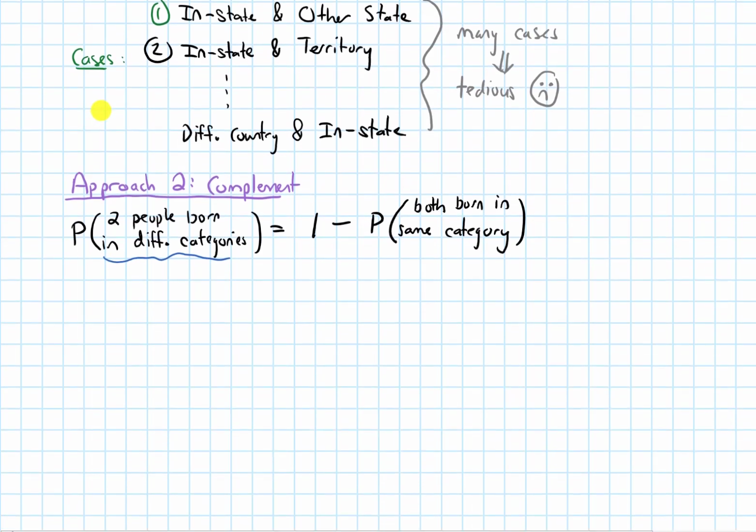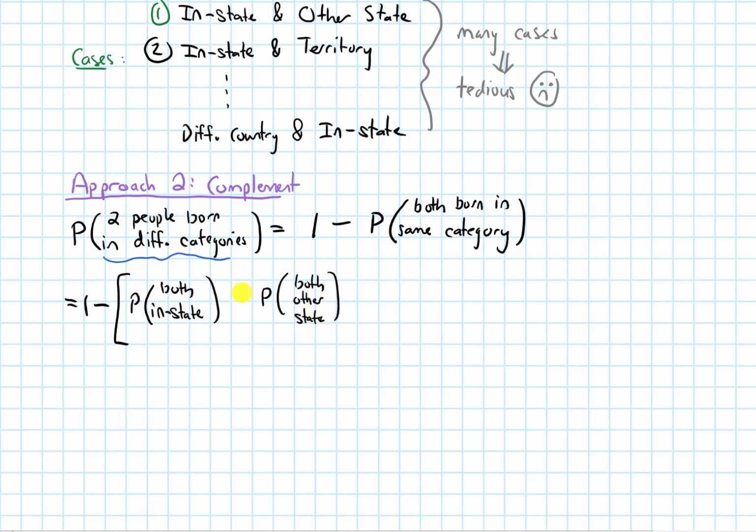Okay, so this is going to be equal to 1 minus. If they were both born in the same category, there are a few ways that could happen. So what were the categories? We have to figure out the probability that they were both born in state. That is one case. As well as the probability that they were both born in another state.